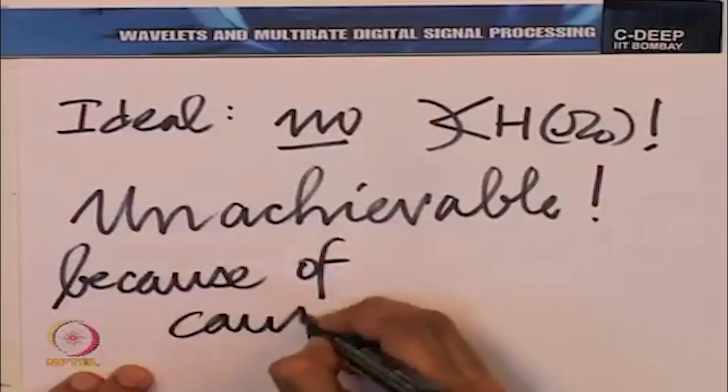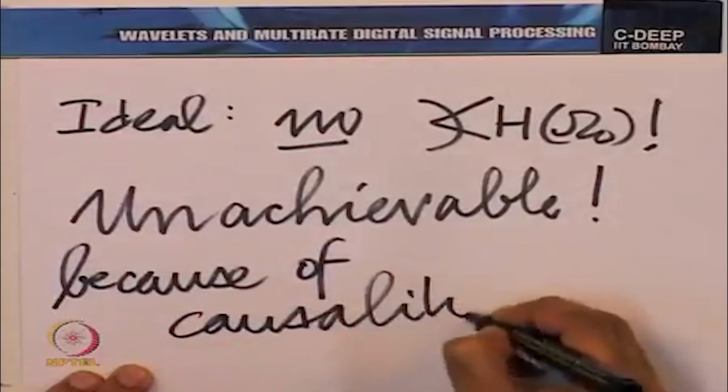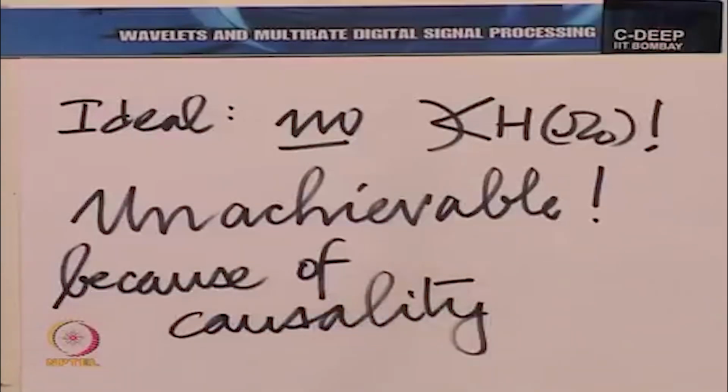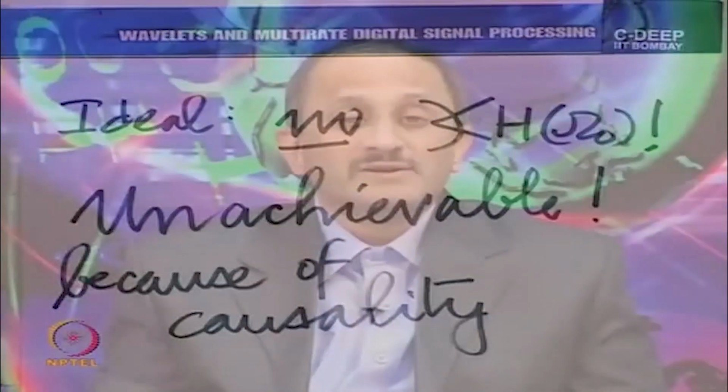If you want the filters to be causal, then you cannot ask for 0 phase. Incidentally, that is why you can use 0 phase filters in dealing with images, in dealing with 2-dimensional data, because in 2-dimensional data, causality is not an important requirement. But when you are dealing with 1-dimensional data in time, causality is essential. You cannot avoid it, and therefore, you cannot avoid a phase response either.